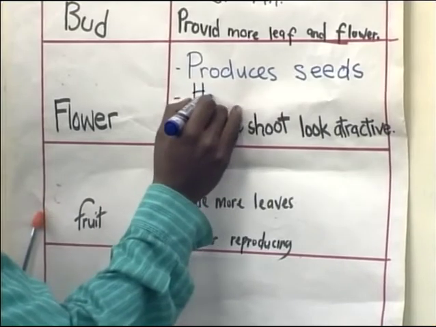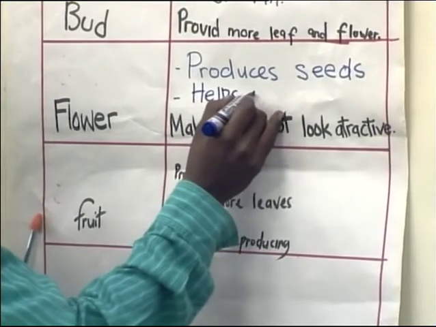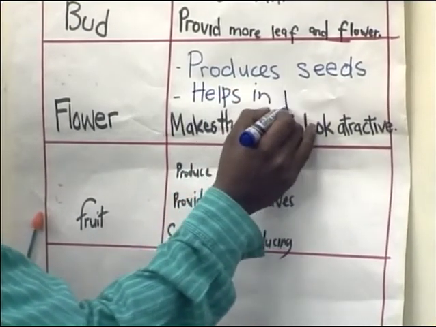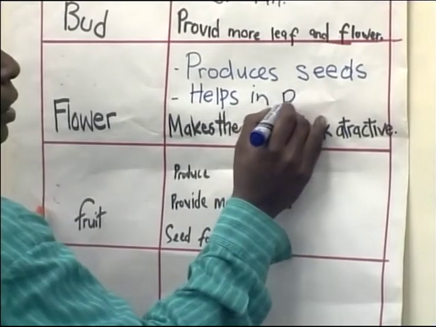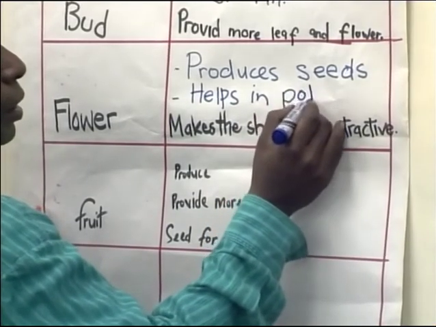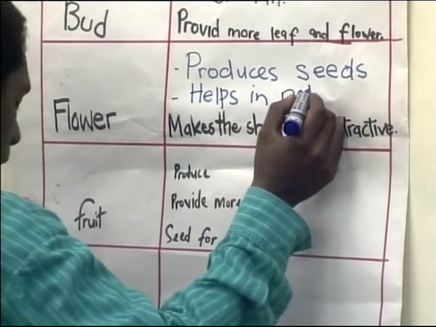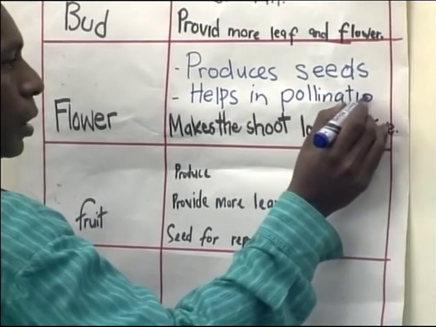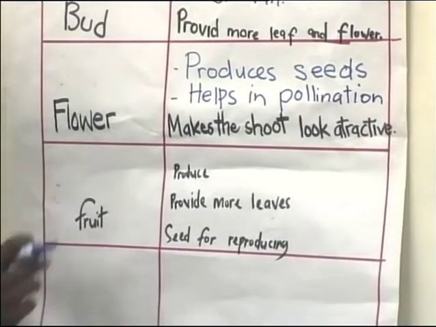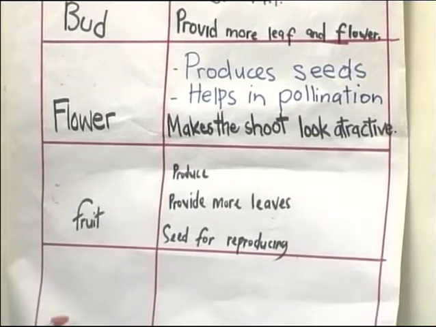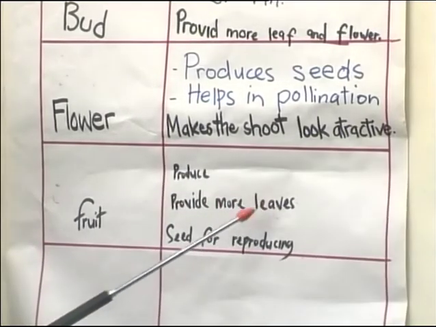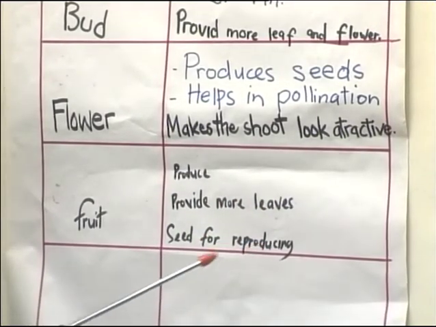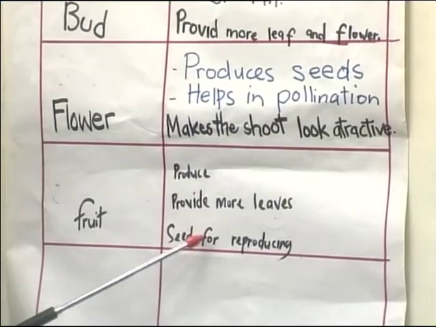And it helps in pollination. Right, the fruit provides more leaves and seeds for reproducing. Very good, okay, you can have that.